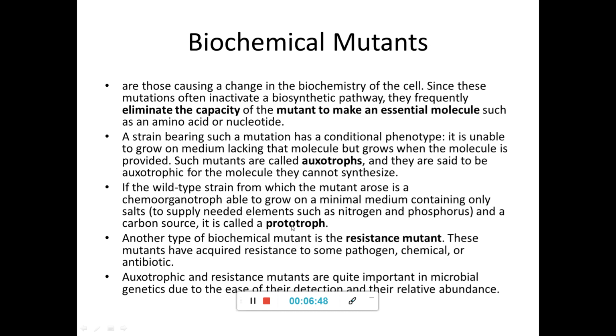If the wild type strain of Staph aureus was not resistant to methicillin, and it undergoes a mutation and gains resistance against that particular antibiotic, in our case methicillin, that is a resistant mutant. Auxotrophic as well as resistant mutants are quite important in microbial genetics due to the ease of their detection and their relative abundance.